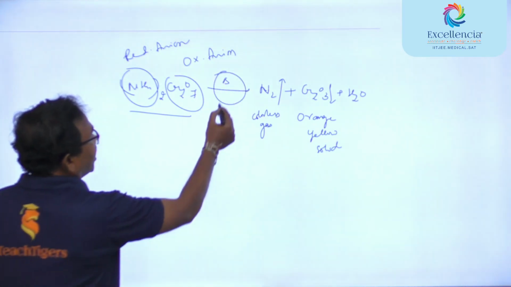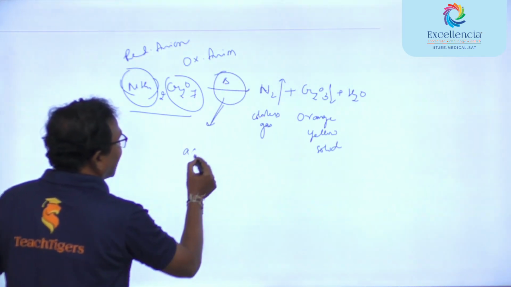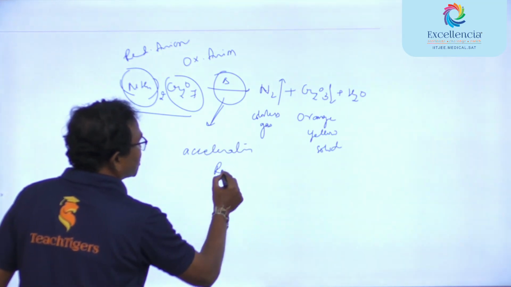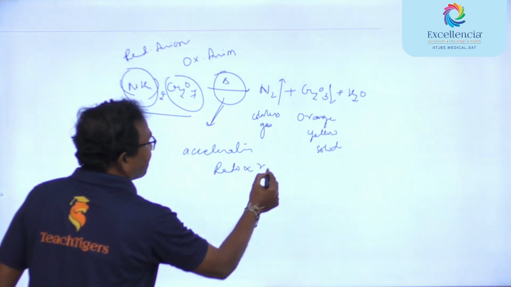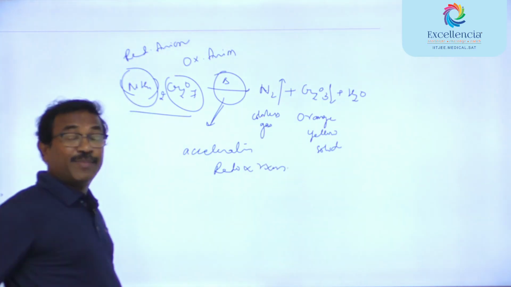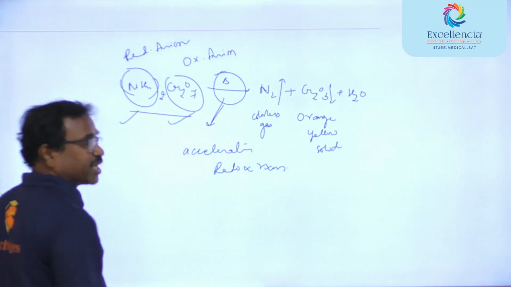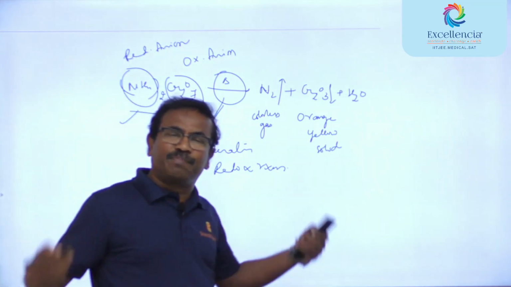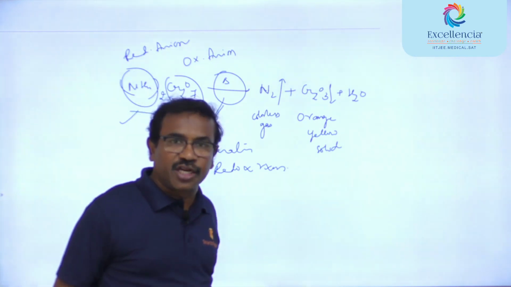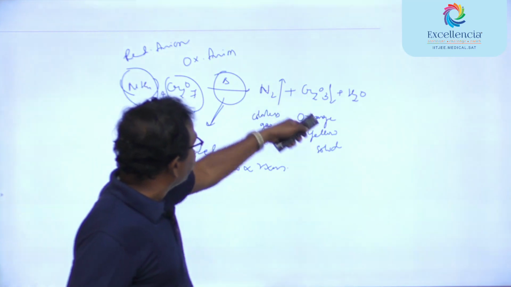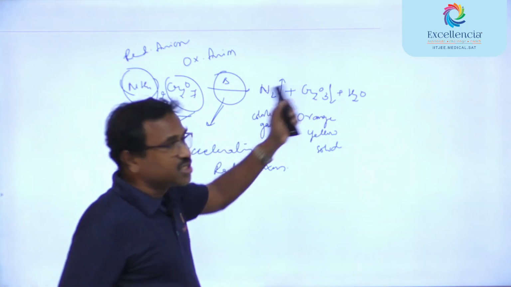As I told you, on heating, definitely it accelerates redox reactions. Usually redox reactions take place at high temperatures. So dichromate being oxidizing, ammonium being reducing, definitely you are providing a perfect experimental condition for a redox reaction to take place. And now how do you guess this product of nitrogen and Cr2O3?